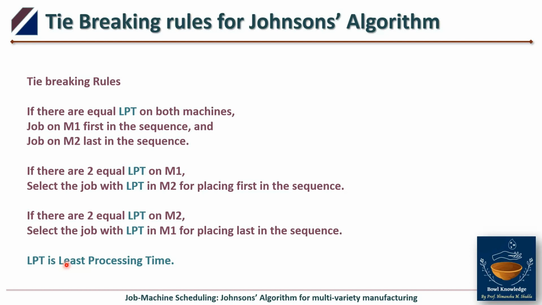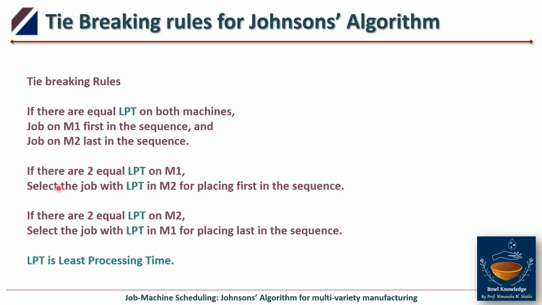Okay, so here LPT means the least processing time, which we also call the shortest or minimum processing time. If there are equal LPT on both the machines, so on both machines you get equal processing time, then the job on machine 1 goes first in the sequence and the job on machine 2 goes last in the sequence. You follow this rule if you get equal values on both the machines.